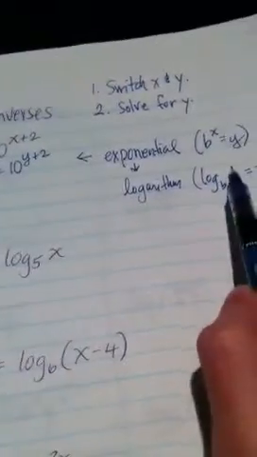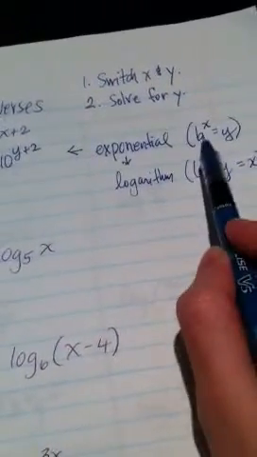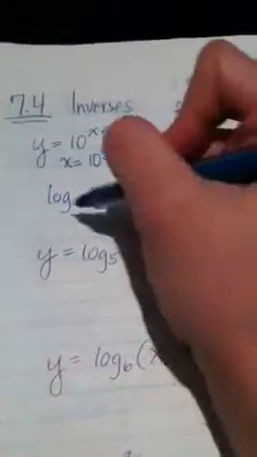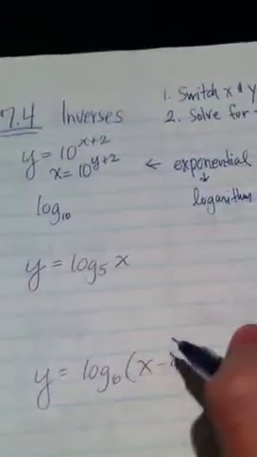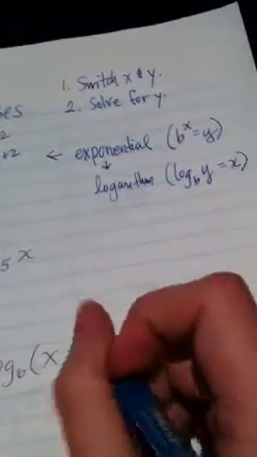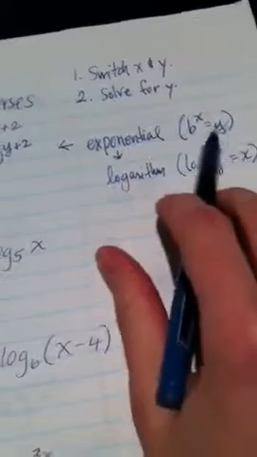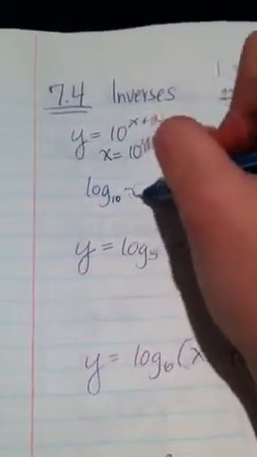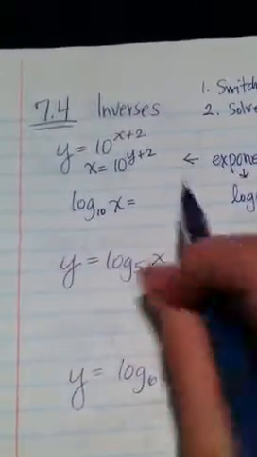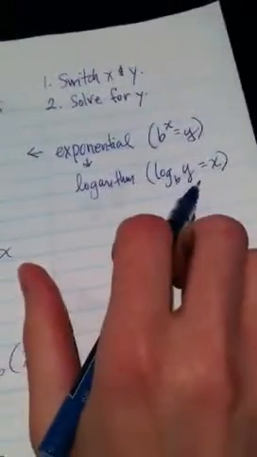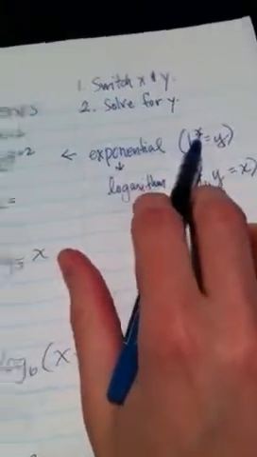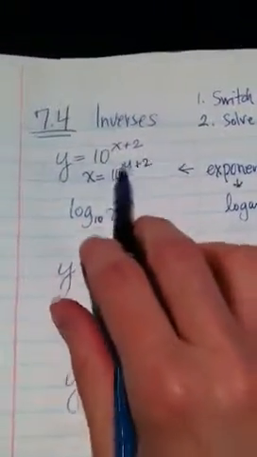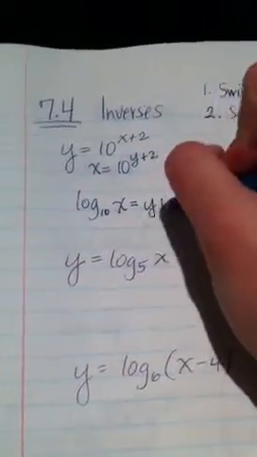The base, notice the base is the b, which is the big number, and over here that's a 10, so it's a log base 10 of y. Well, notice y is what this thing is equal to. So in our case that's x. And then it's equal to x, which is the exponent. So I'm going to look over here, and in our case that's y plus 2.